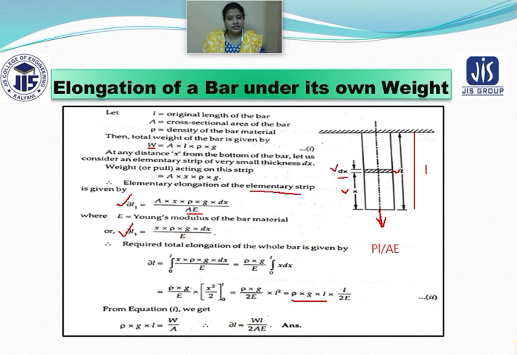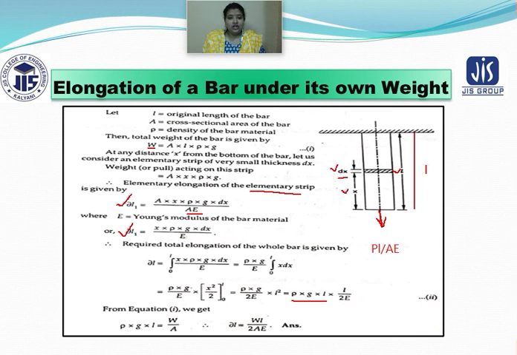So if it is clear to you, then for elongation of the bar normally, I have told you del L is equal to P into L by A into E. But for a taper, you have got something different.